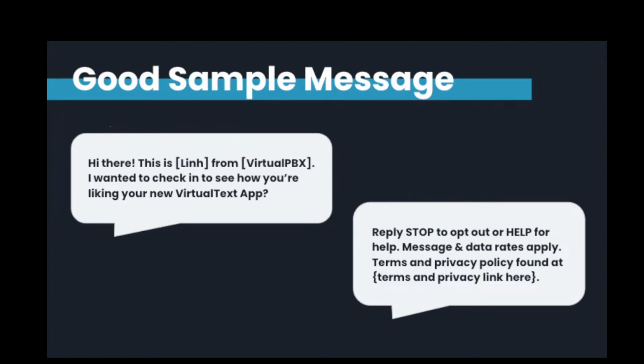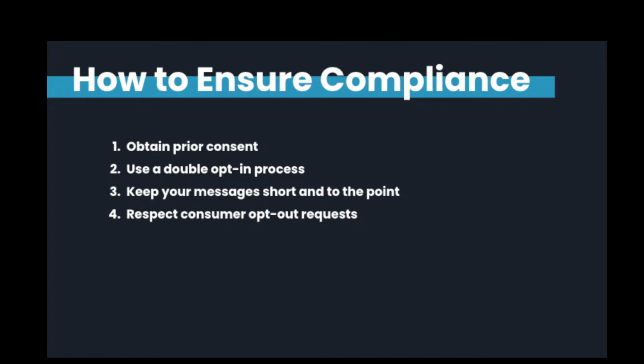So with that, here are some main key points to really keep your business informed to ensure that it can stay compliant when sending customer text messages. It's important to get permission from your customer before sending them text messages. It will help to ensure that they're not annoyed or bombarded with unwanted messages.